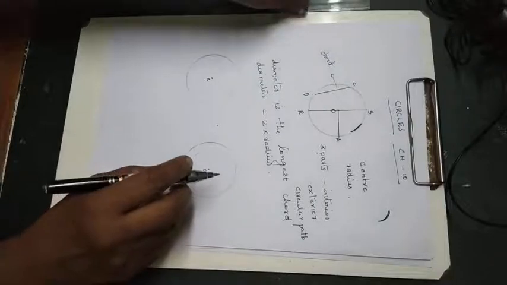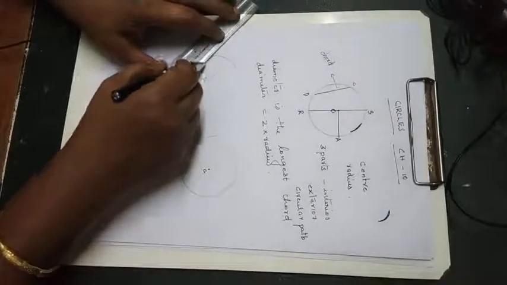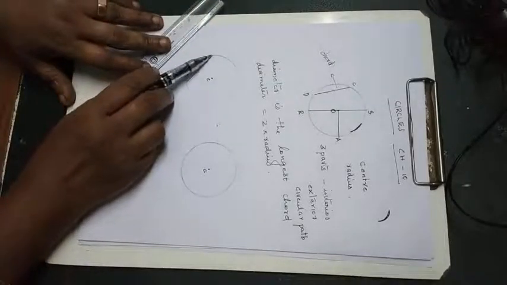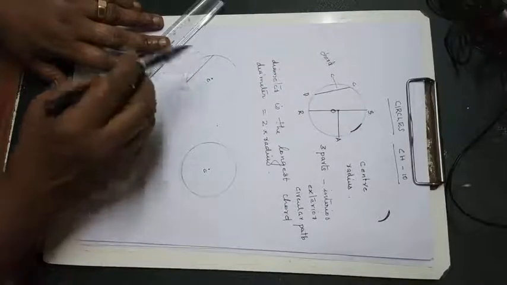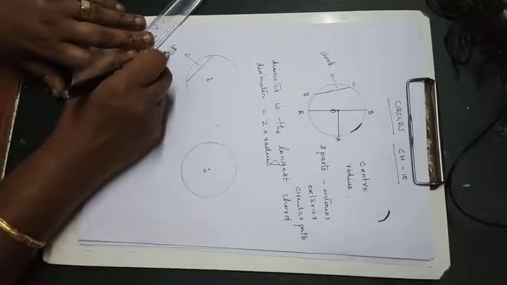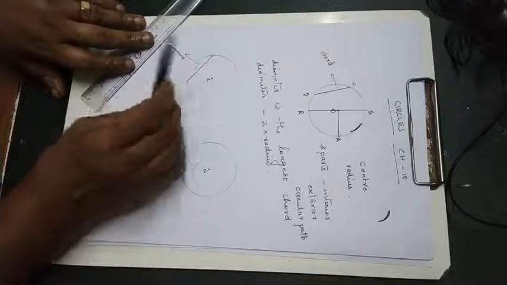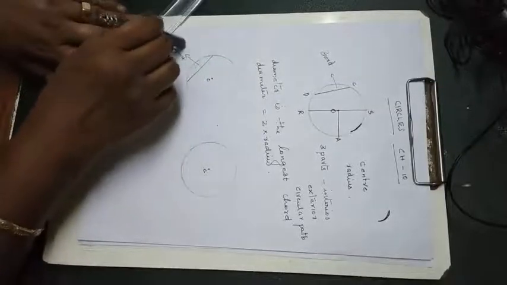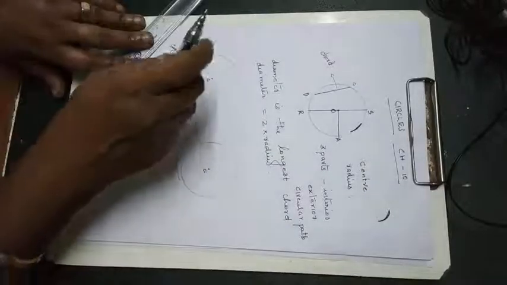So segment means what? If you are drawing a chord, the remaining part, this portion, is called a segment. This one is smaller, so it is called the minor segment, and the remaining one is called the major segment.